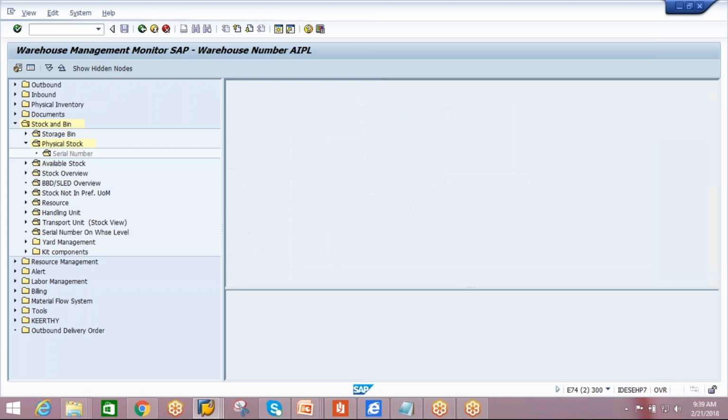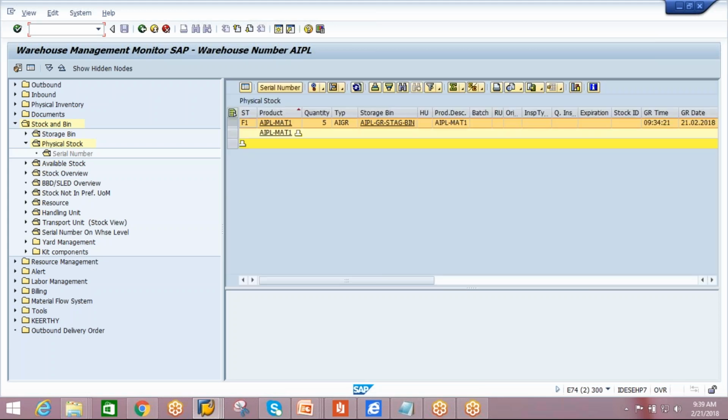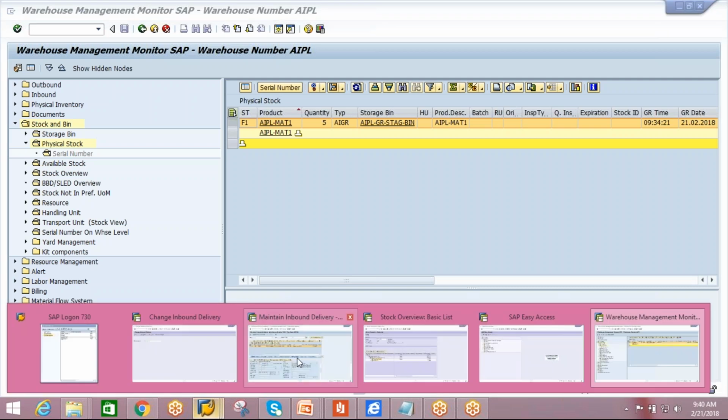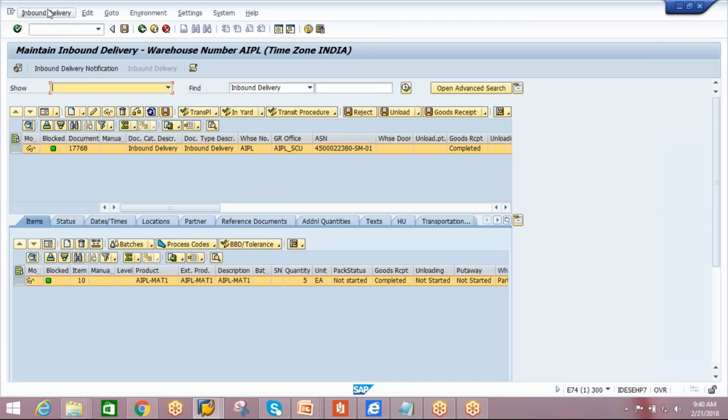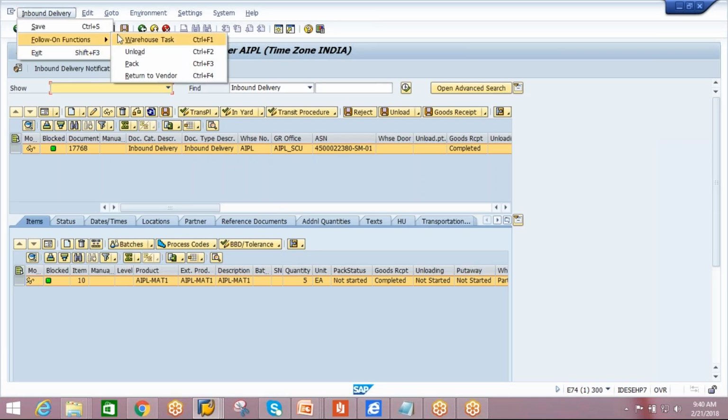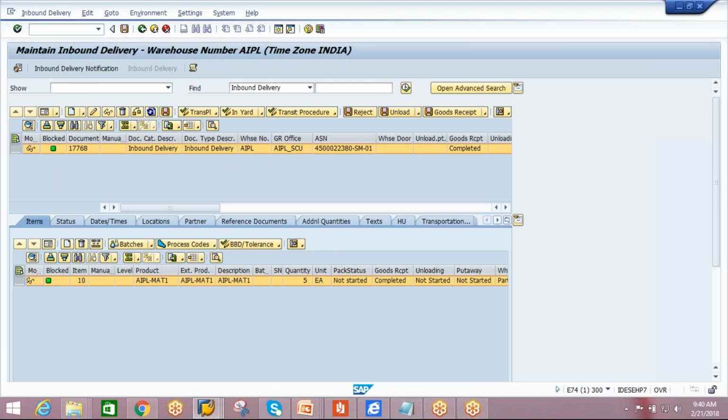Now I am planning to do put away for this product. Go to here. In further sessions, we are going to discuss the warehouse task. Today, our concentration is only stock management. I am just creating one warehouse task and doing put away.